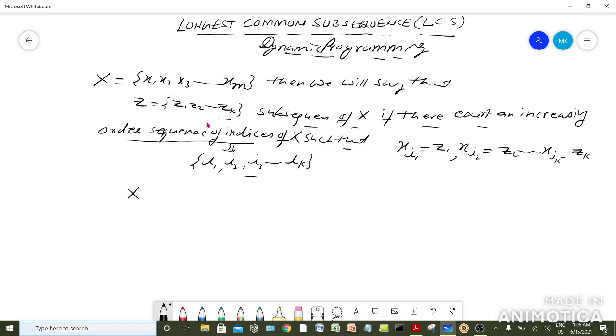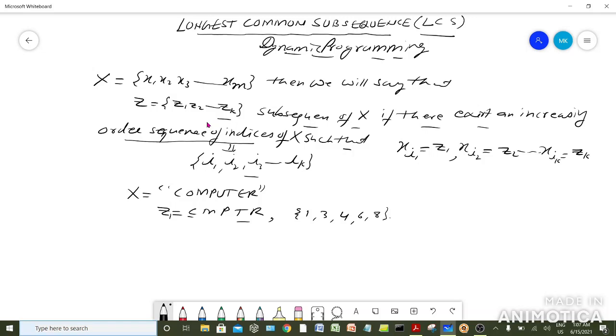Suppose X was given to be a string equal to computer. Fine. So we can have a subsequence Z1 which is equal to cmptr. And the indices for this sequence are 1, 3, then 4, then 6 and then 8.